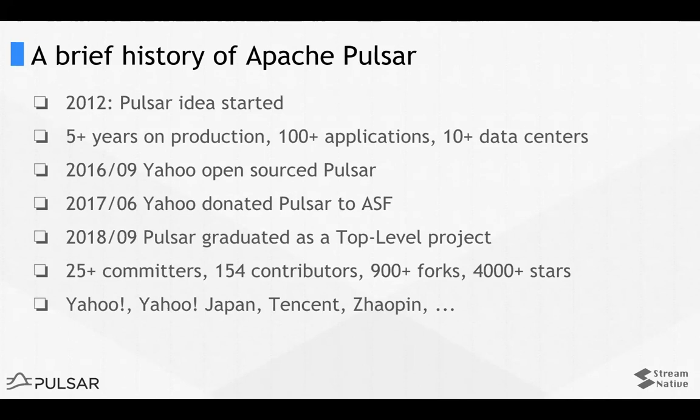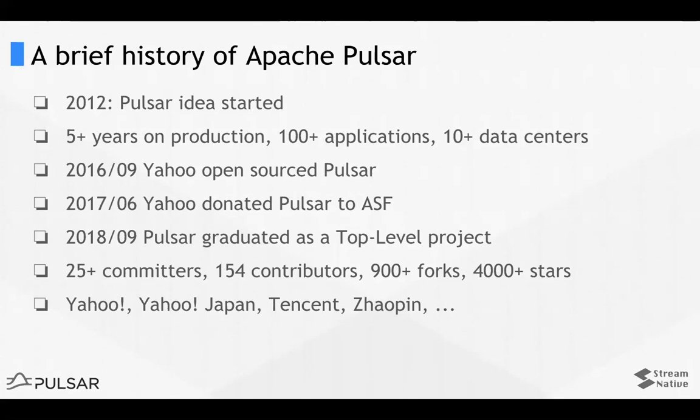It's serving 100 applications and replicating data over more than 10 data centers across the world within Yahoo. In September 2016, Yahoo open sourced the project and put it on Yahoo's GitHub.